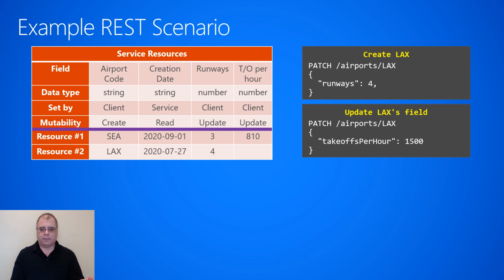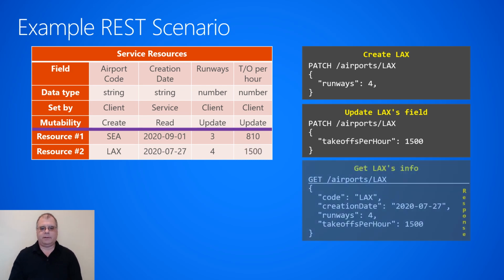Because we're only specifying takeoffs per hour, all the other fields are going to be untouched by this patch operation. Only the takeoffs per hour field will be modified and have a value set of 1500. So when I execute this, you'll see in the table, the takeoffs per hour changes to 1500.